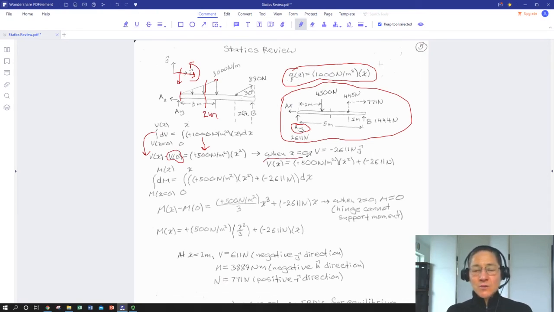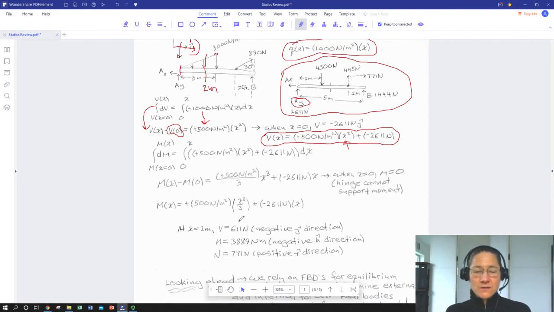So here's the expression for shear stress, or stress acting parallel to the cut edge of that beam, at any x, at least at any x up to the end of where that distributed load is active, and at 2 meters we're definitely within that. So if I wanted to know the shear stress at 2 meters, all I'd have to do is drop a 2 right in here for x. And in fact, when I do that, I get 611 newtons downwards.